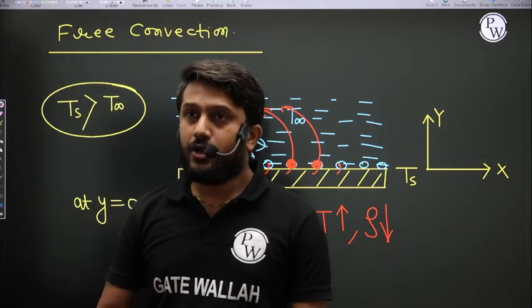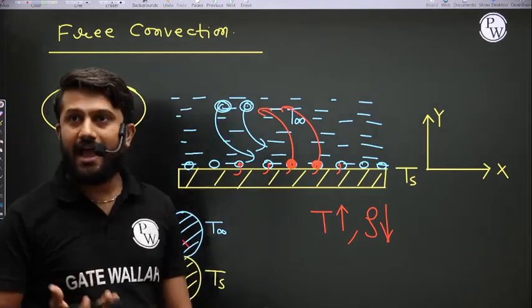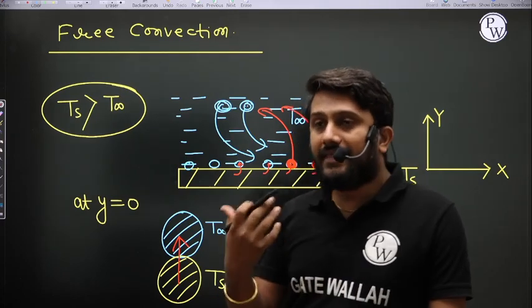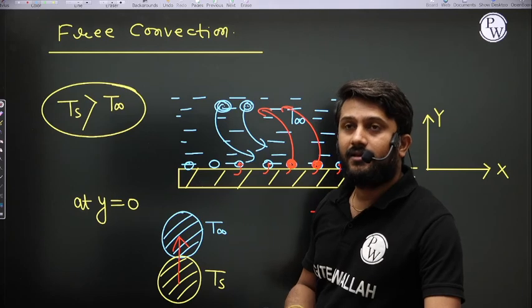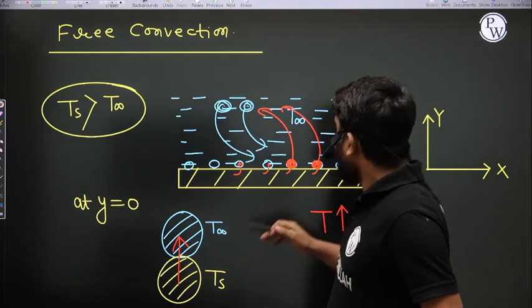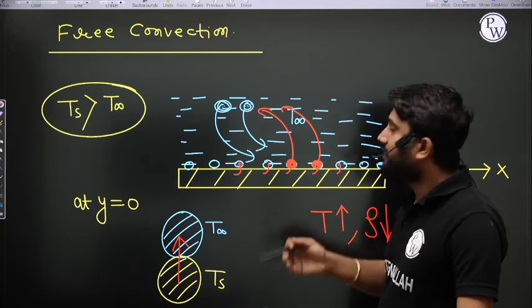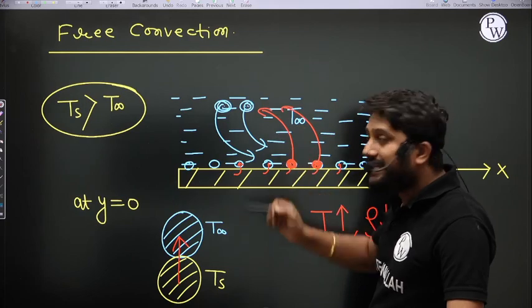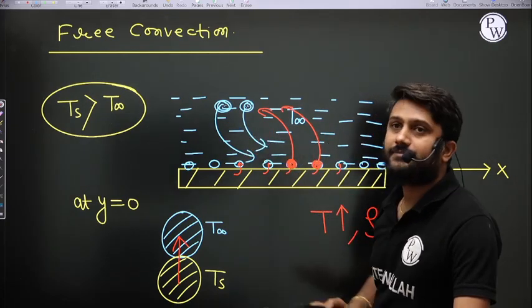Is it fine? Now these particles having low temperature, so density is high. If density is high, that means these particles are heavier. If these particles are heavier, then whatever space is vacated because of the moving of these particles is filled by these particles.